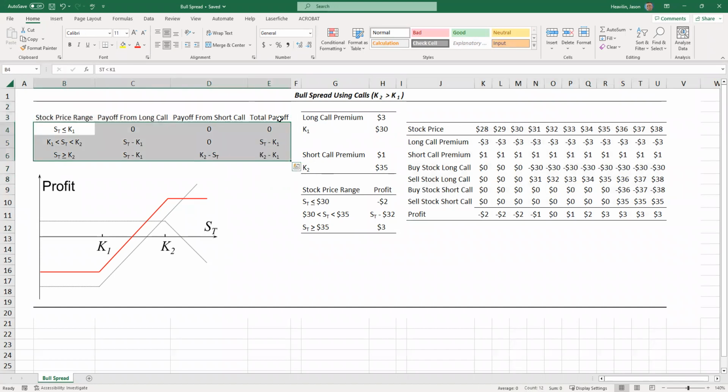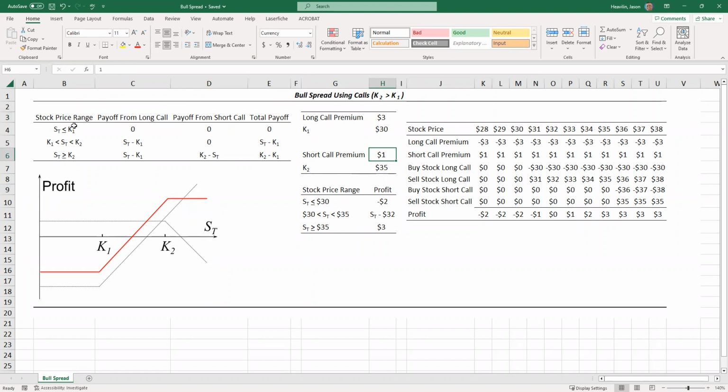The ultimate goal of this table is this column here, the total payoff. That's what we care about, and how to get to that. Total payoff and profit are two different things here, because total payoff only accounts for the options themselves. Profit includes the premiums paid or received.